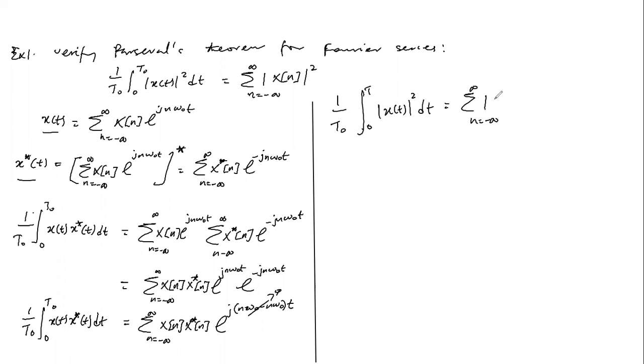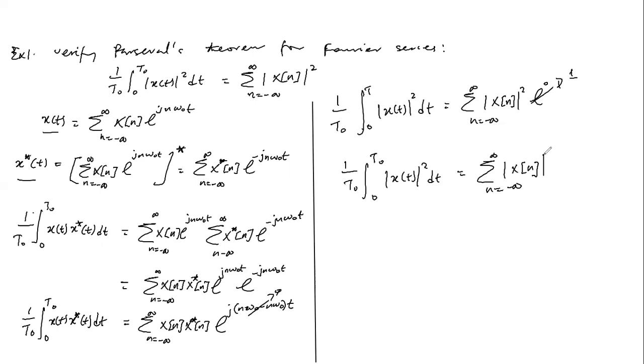That will give us the mod of s of n squared, epsilon 0, and this will reduce to 1. So 1 over T naught integral 0 to T naught of s of t squared dt is the same as the summation from n equals minus infinity to infinity of s of n squared. QED.